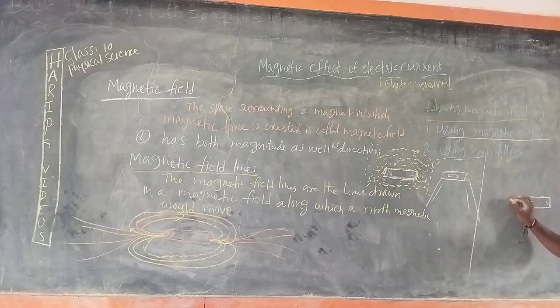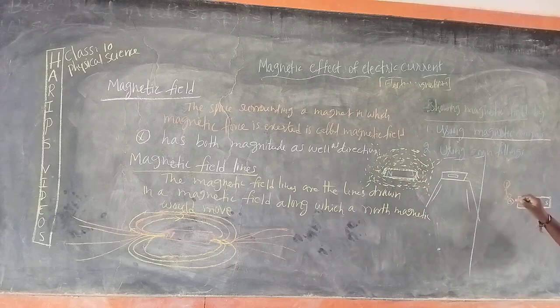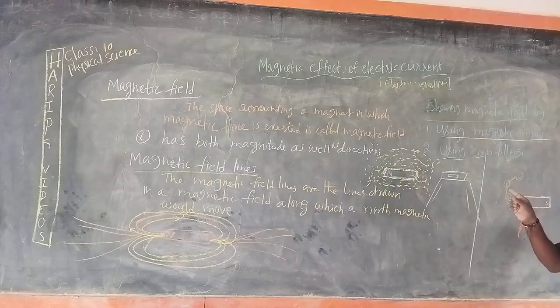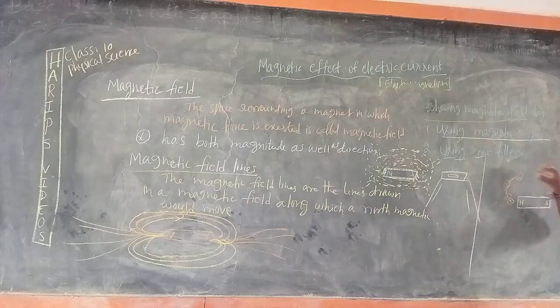Here you can denote a point A. Then place the compass at point A and mark the direction B, and place the compass at B, and it shows some deflection at C. In whichever direction the magnetic needle points, in those directions we plot points like A, B, C, D.